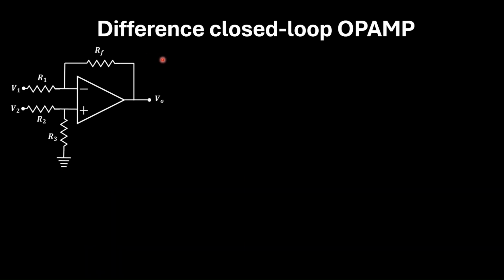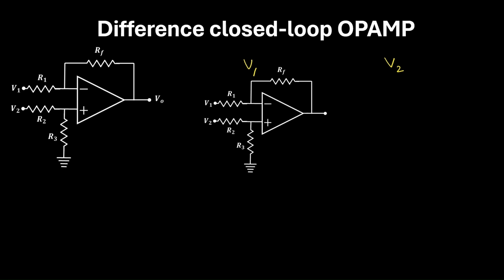Now let us try to find the output for this circuit, and you can see there are two inputs, V1 and V2. So we can use the shortcut here. First, let us calculate the output due to V1 when V2 is grounded. So I will ground this V2 and let the output be V01.